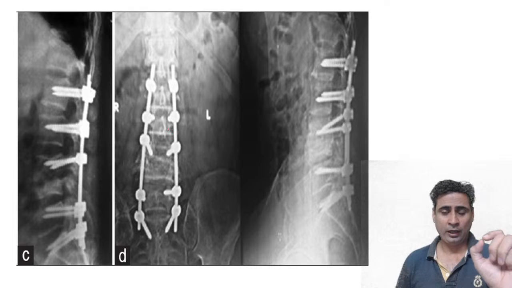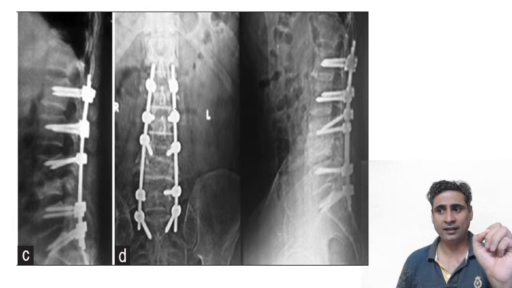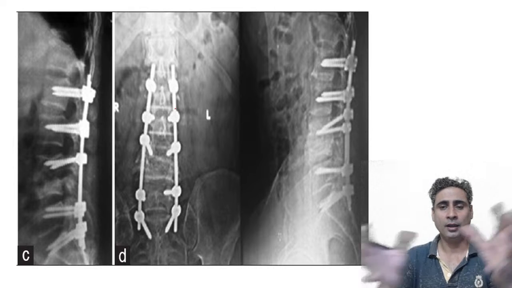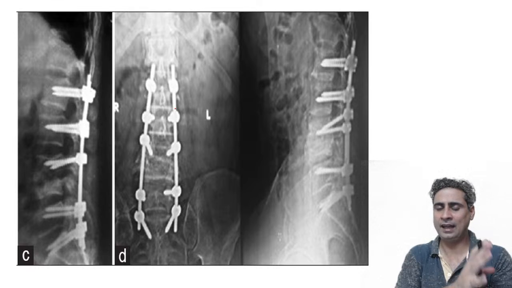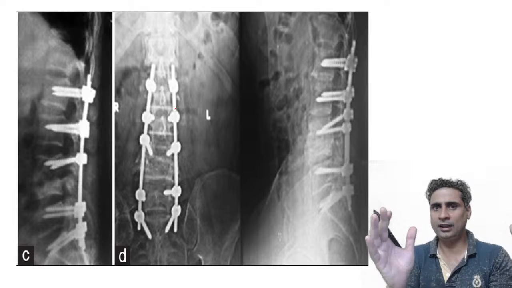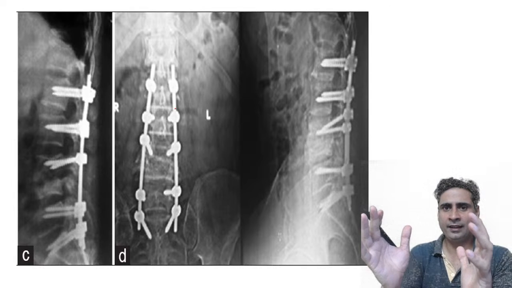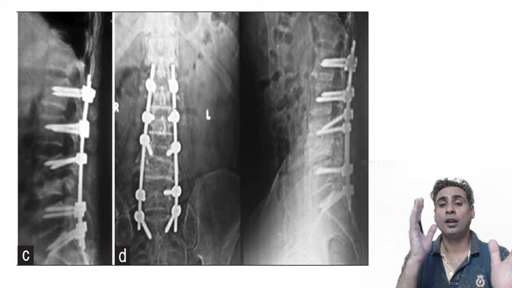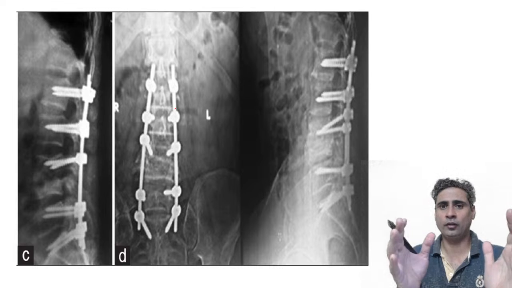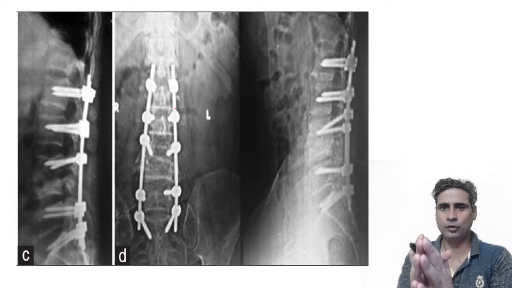Now here I would like to mention, in some of the coaching classes which you might have joined, they are teaching that we don't use the posterior approach. Their argument is that whenever we are going posteriorly, anteriorly there is already damage. If we do surgery from the posterior side, we will cause instability of the spine. But nowadays that principle is not followed.